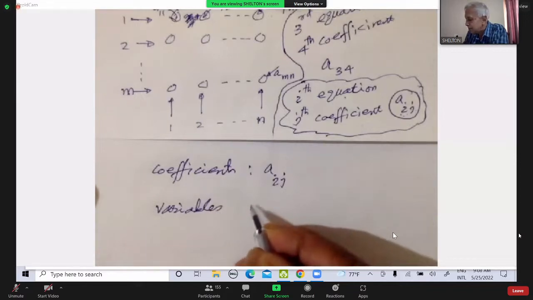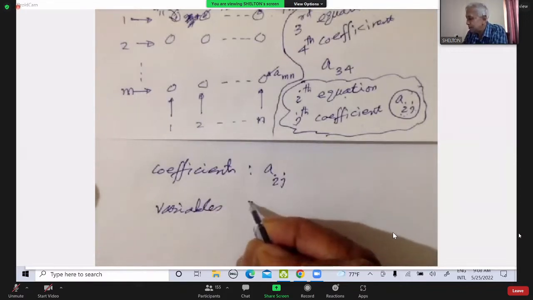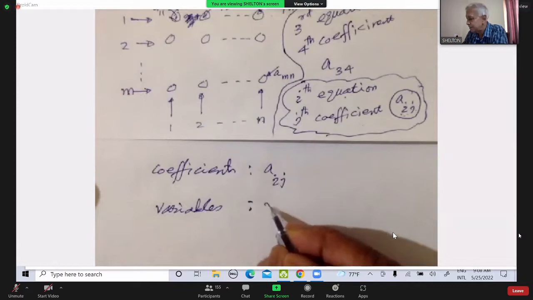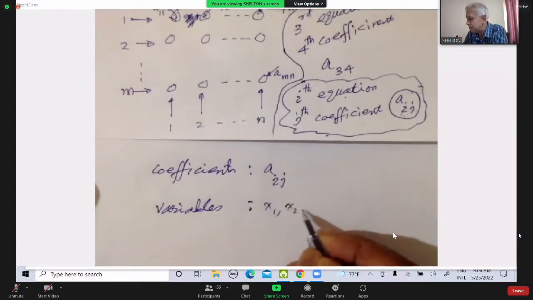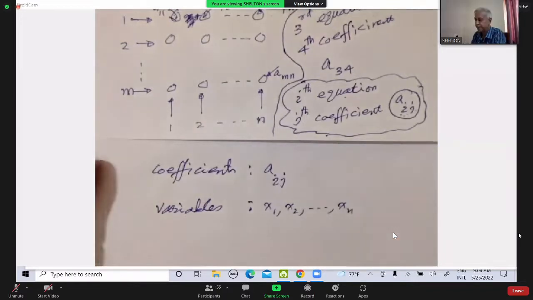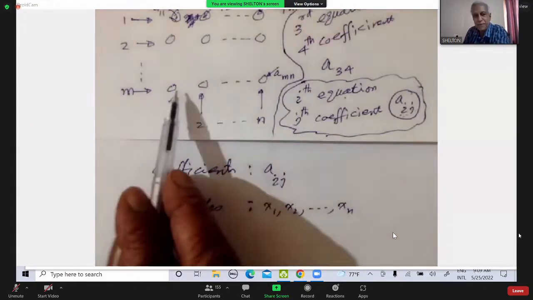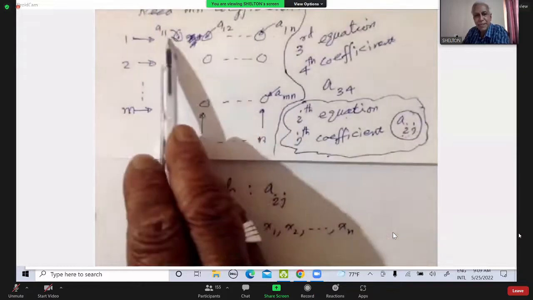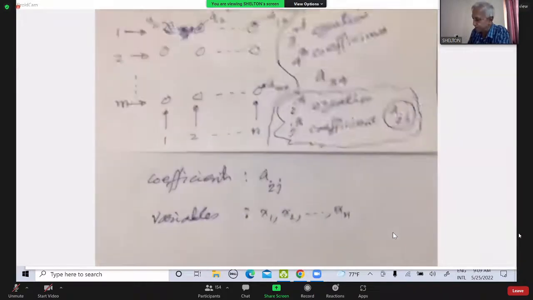Variables: we are going to use x1, x2, up to xn. In fact, for every equation the variables are the same. N variables, m equations. Can you fill these in and write down the first equation?